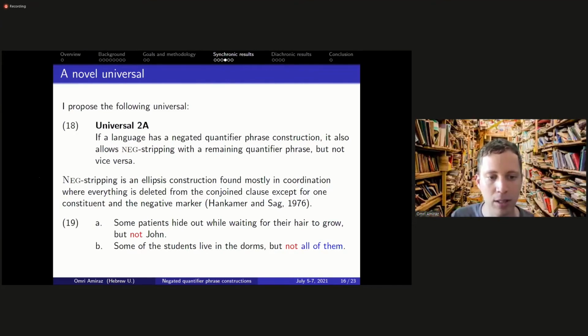So for instance, "some patients hide out while waiting for the hair to grow, but not John." Here the remaining constituent is a proper name, John. But it can also be a quantifier phrase: "Some of the students live in the dorms, but not all of them." And the verb phrase is elided in this case.